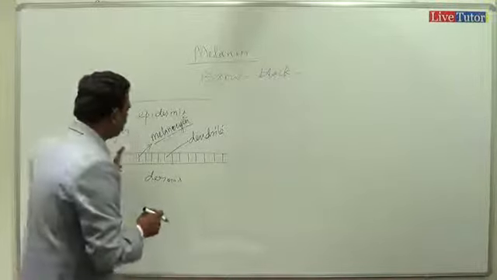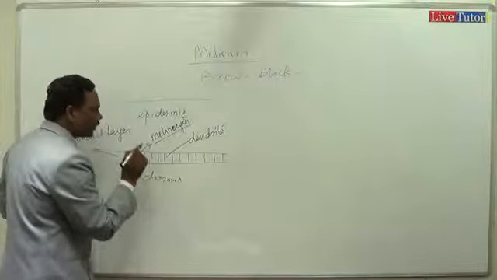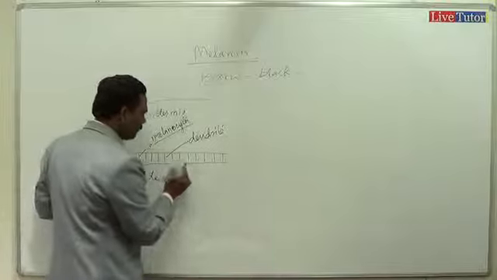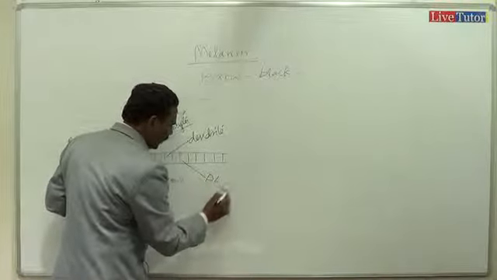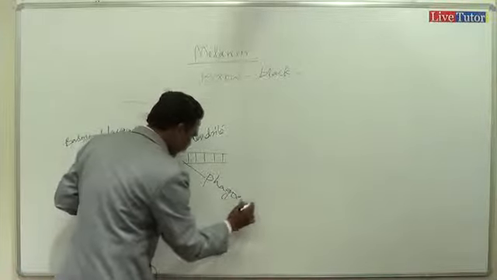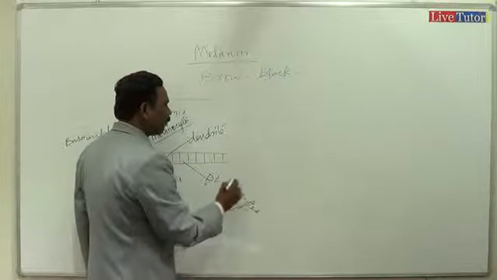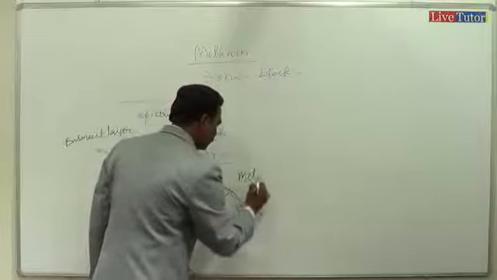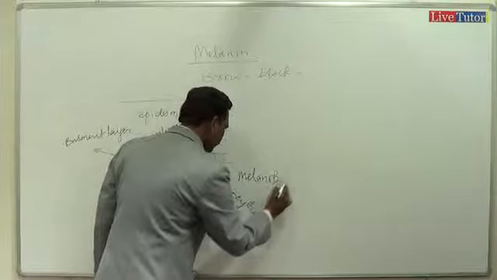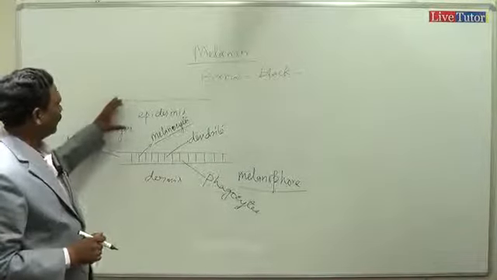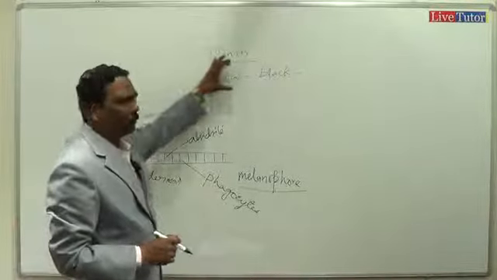Then the melanin pigment is stored in the phagocyte cell, called melanophore. Melanophore cell is the cell name.